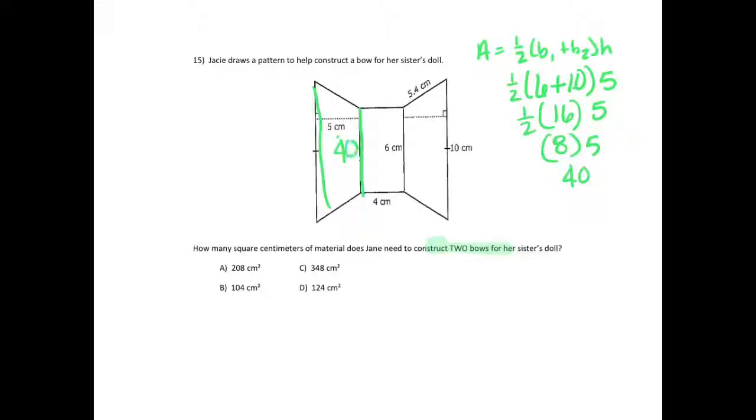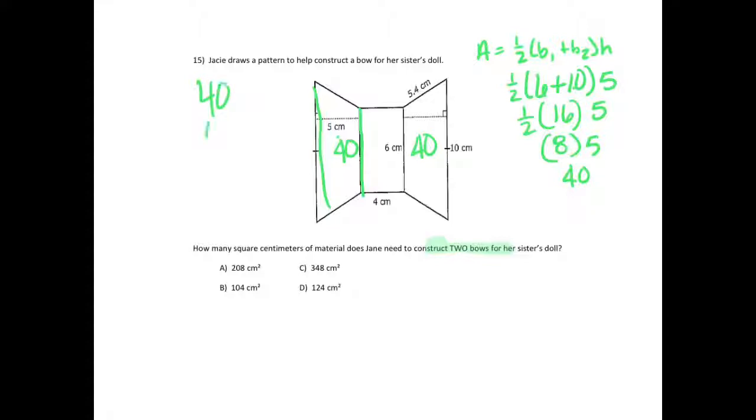So we have 1/2, base 1 is going to be 6, base 2 is 10, and then the height is 5. So 6 plus 10 is 16. So half of 16 times 5. Half of 16 is 8. 8 times 5 is 40. So if this piece is 40, then this piece is 40.